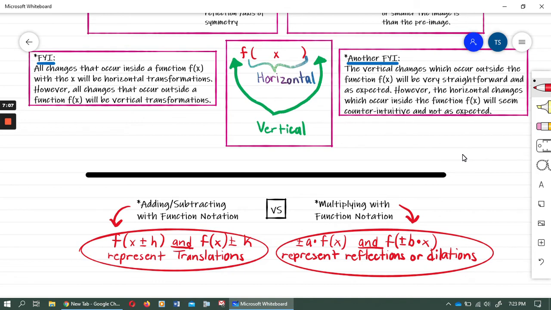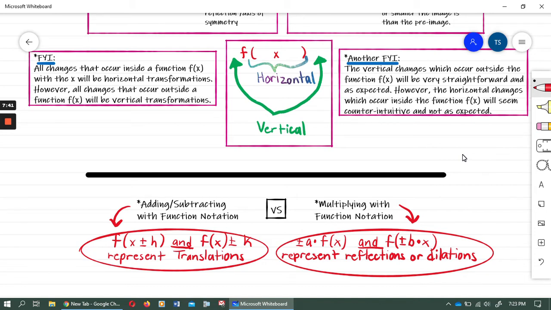But the part that we have not talked about yet is when we're multiplying with function notation. Depending on whether it's positive or negative, and also depending on the size of the number, it could represent a reflection or dilation when we're multiplying with function notation.